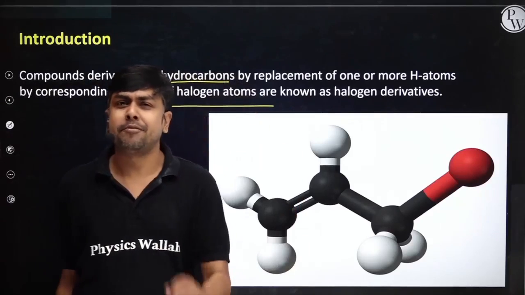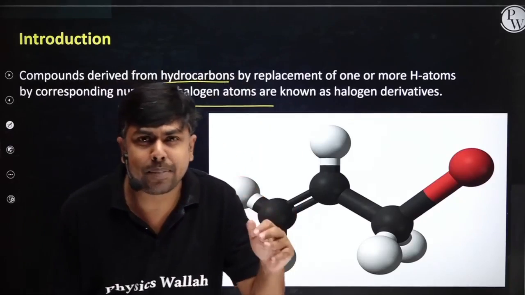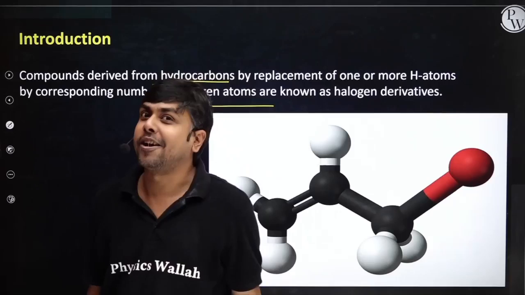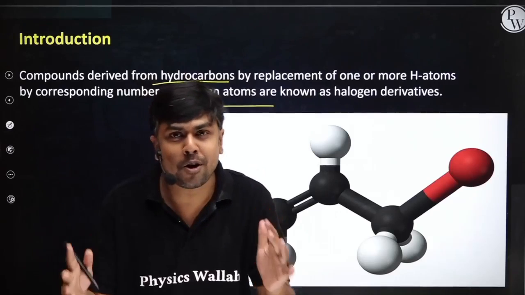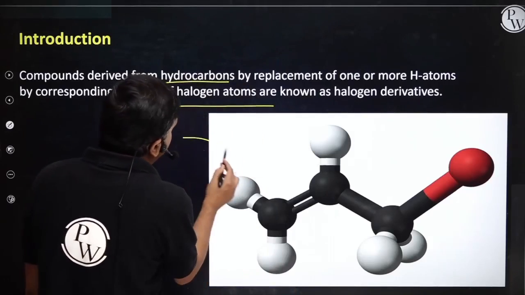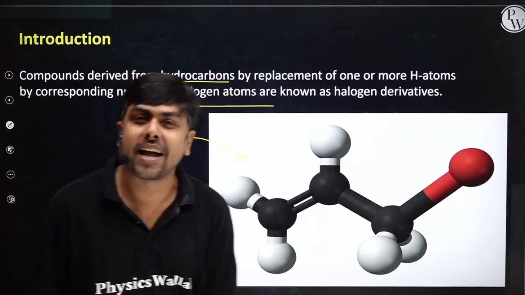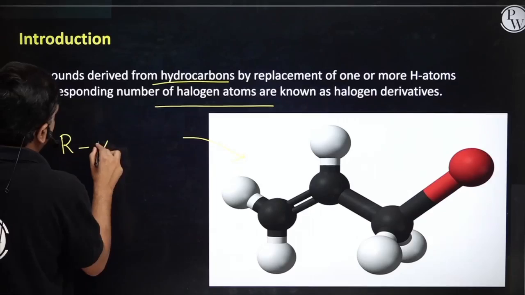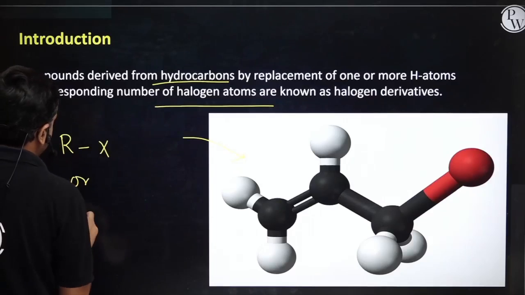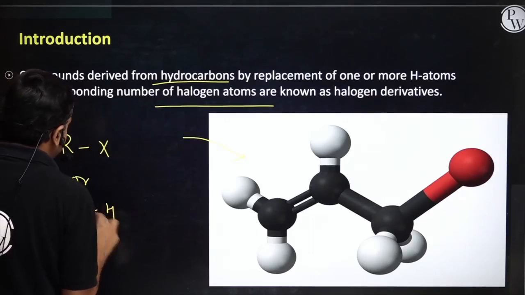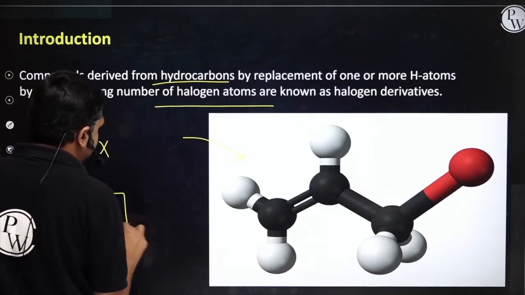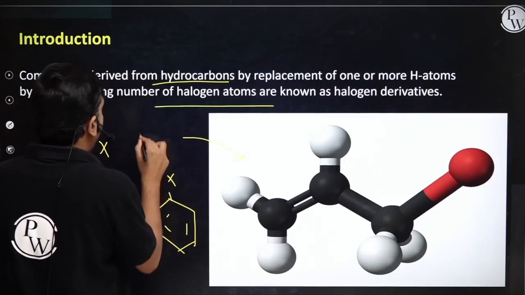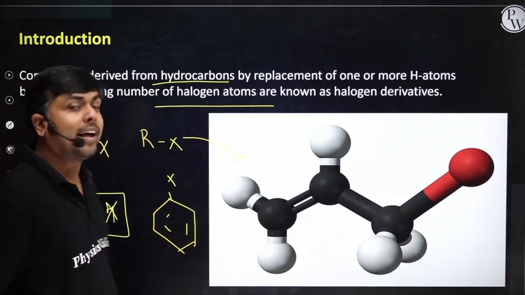Here simply from hydrocarbon, if I replace one or more hydrogen atoms by corresponding number of halogen atoms, the compound obtained is referred to as alkyl or aryl halides. It may have the general formula RX or may have the formula ArX, where Ar is aryl, phenyl.